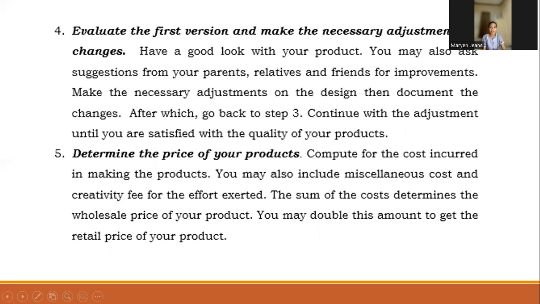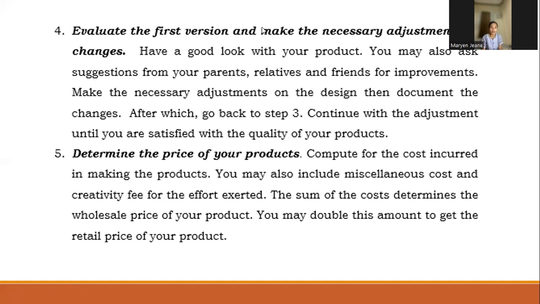Number 4, evaluate the first version and make the necessary adjustments or changes. So assuming that you have finished making your initial product, you have to evaluate it if it is lacking something or if it needs improvement.